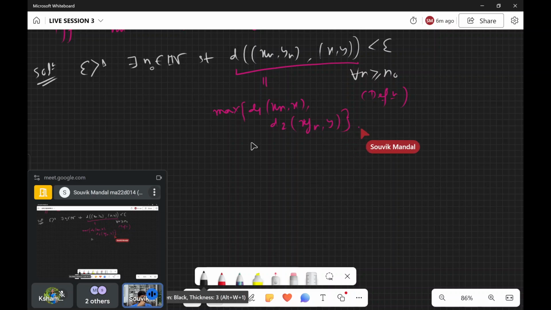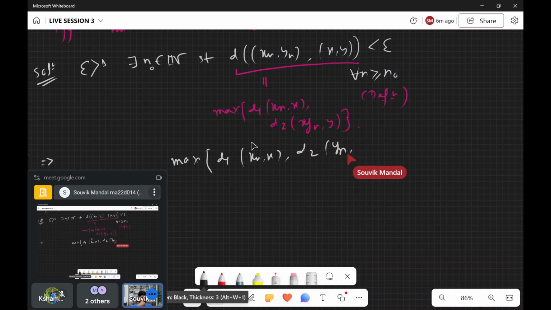So this implies that max of d1(xn, x) and d2(yn, y) is less than epsilon. And of course, the max of something is always greater than or equal to d1 of (xn, x) and of course d2 of (yn, y), right?